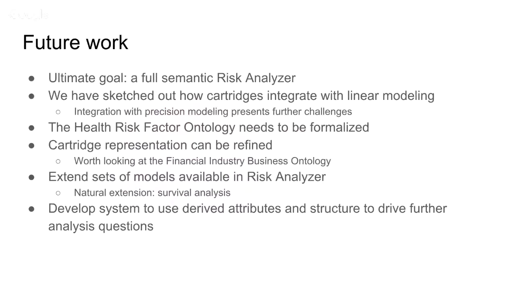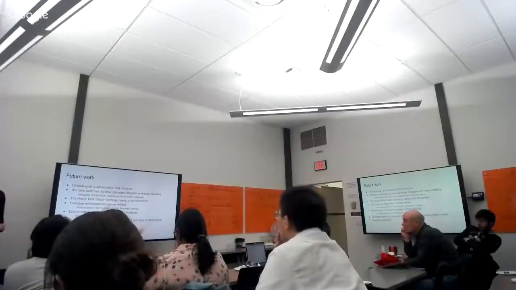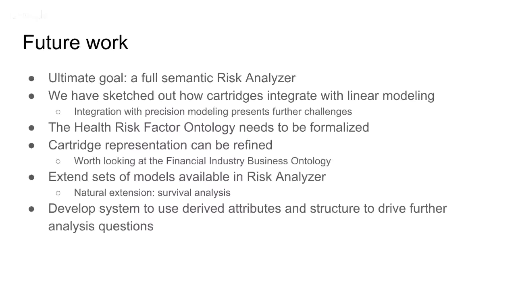Just to summarize, we have this idea of cartridges, and we have this full end-to-end precision analysis that we're trying to implement, and what this all goes into is a fully semantic risk analyzer. Right now the risk analyzer is a mix of hard-coded axioms and some degree of semantic flexibility, but we want it to be a more fully autonomous system.